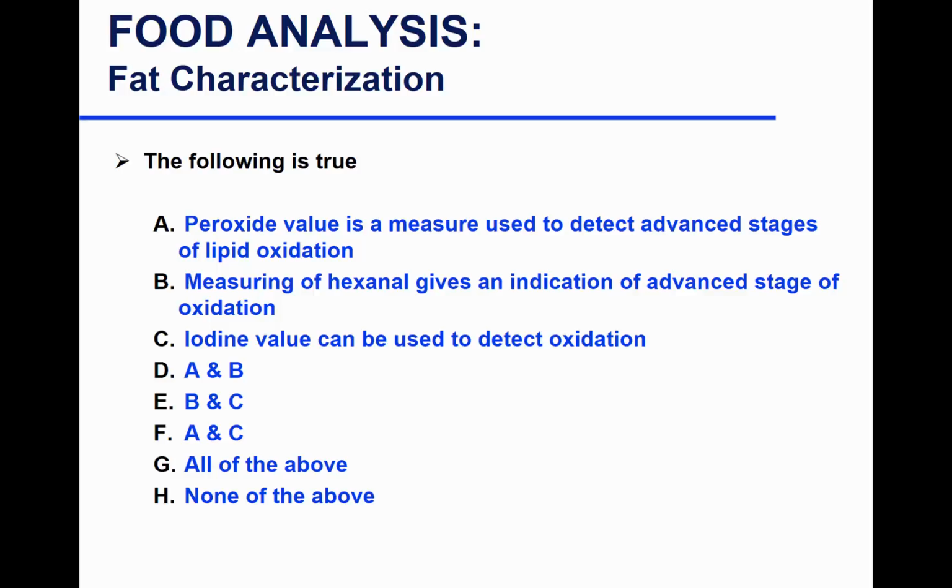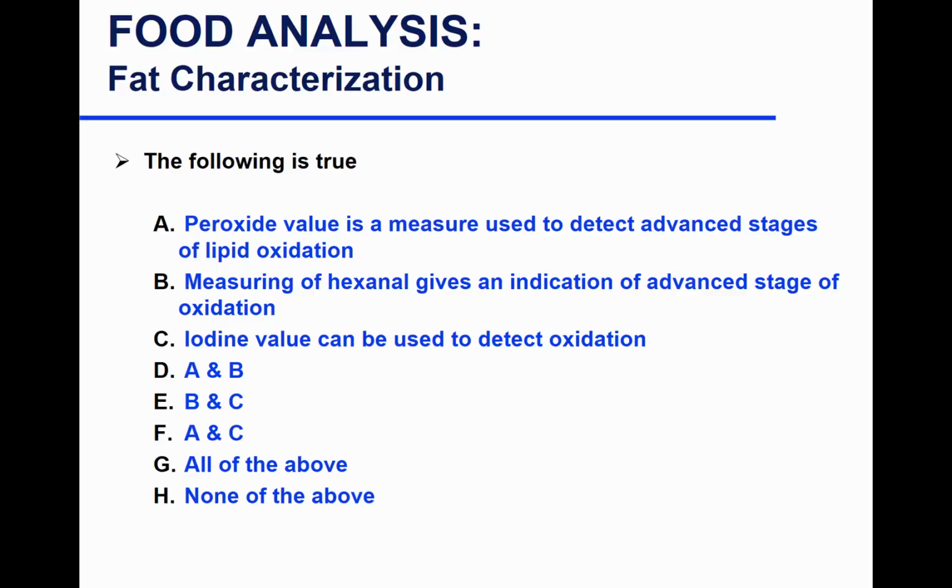So peroxide value is actually a measure of the initial state of oxidation. Lipid oxidation is mostly an auto-oxidation where a radical is formed. It's the hydroperoxide that is formed, and then for a propagation of the reaction. So peroxide is the initial stage of oxidation. Hexanal is a secondary metabolite of oxidation, so it is a measure of an advanced stage of oxidation.